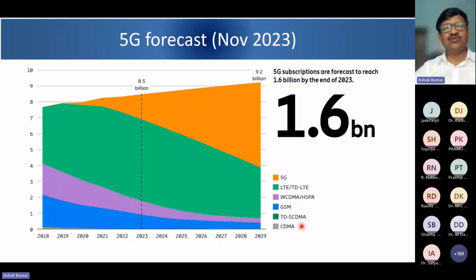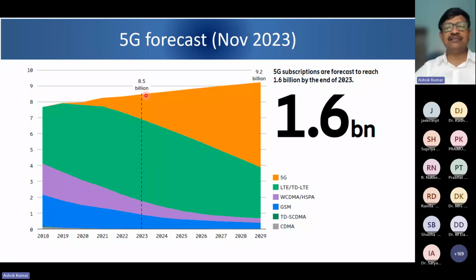This slide is about forecast, how going forward, how much subscription will come in 4G and 5G. If you look at this picture, by end of 2023, we had about 8.5 billion, that is 850 crore total customers.